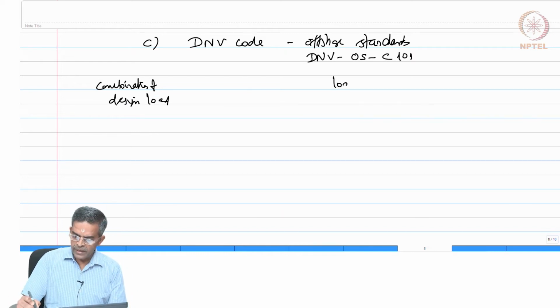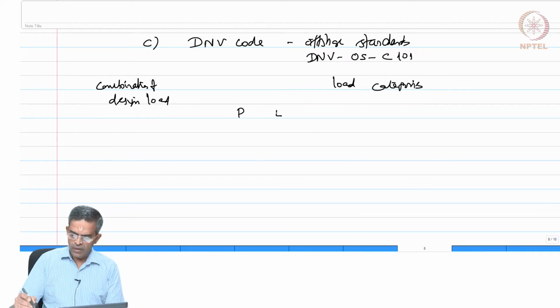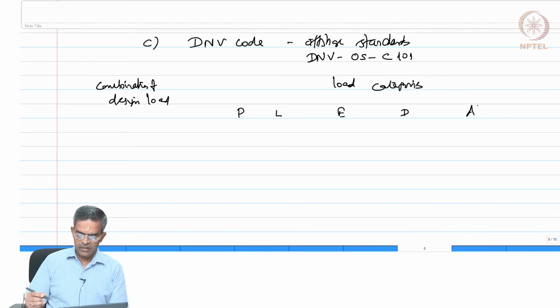In this case, it clearly says the combination of design loads and the load category, and the categories are, as we see, permanent load, live load, environmental load, deformation load and accident load.